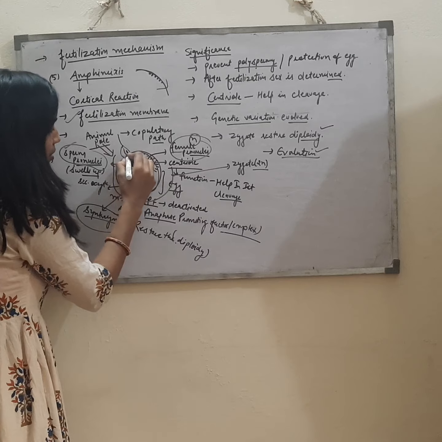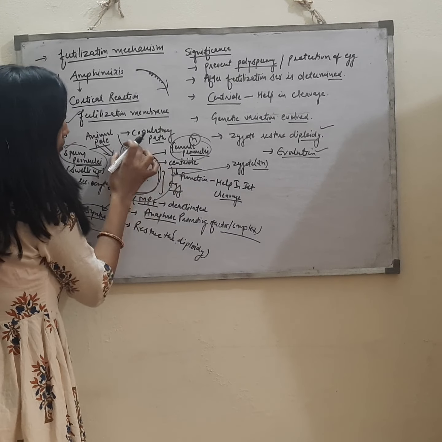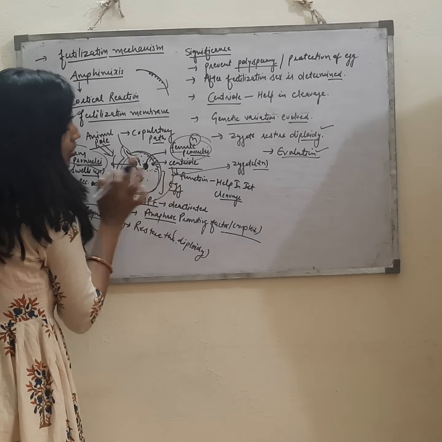Now also the centrioles from the sperm head are coming into the egg cytoplasm. These centrioles shift toward the opposite pole. Astral rays are coming outside from the centrioles, and now the sperm pronucleus and the female pronucleus, the male pronucleus and female pronucleus, both combine and fuse with each other and form the synkaryon.